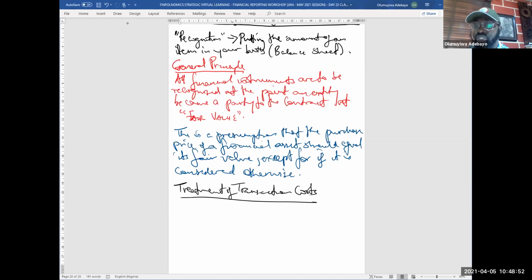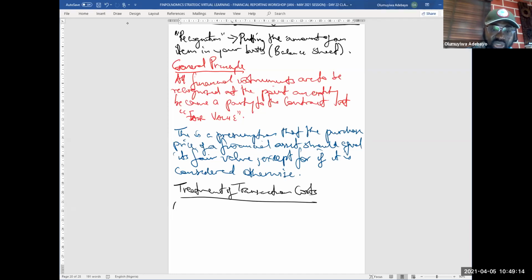But transaction costs only play a role in determining the most advantageous market where such need arises. But since transaction cost is not an integral part of fair value, how then do we treat transaction costs at initial recognition?